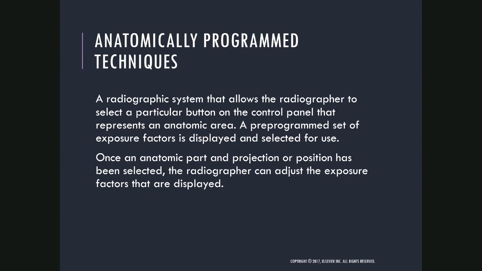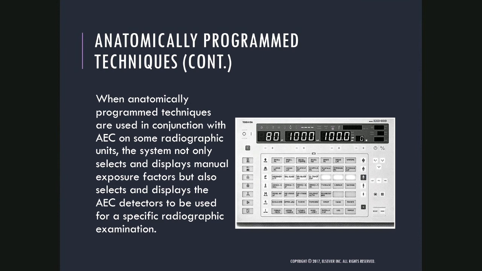You can adjust them, but something comes up that gives you an idea based on the anatomy that you've selected. Some of these do have AEC along with them. So you might select a chest, and when you select the PA chest, it automatically selects the detectors that go along with that exam. If you're dealing with that kind of situation, it's important to pay attention to that because your detectors used may not be the same for each projection.